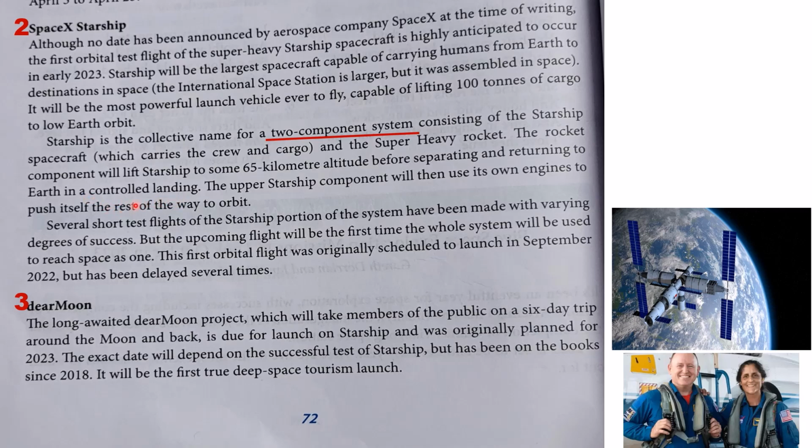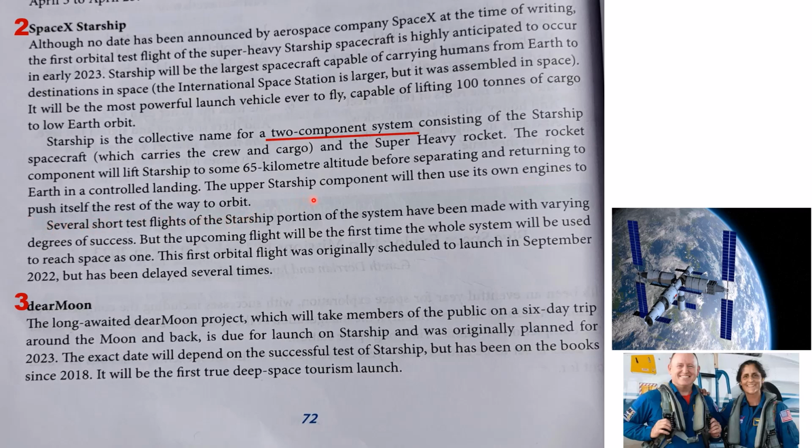That is called the controlled landing, and whichever point you want the rocket to come back and land, that is the controlled landing, and it is done only by this Elon Musk SpaceX organization, students. So the upper Starship component will then use its own engines to push itself the rest of the way to orbit.